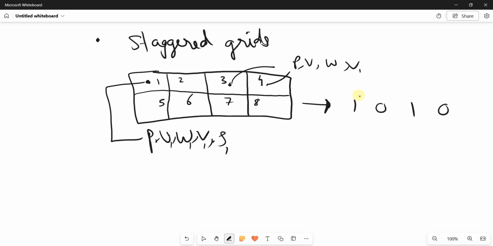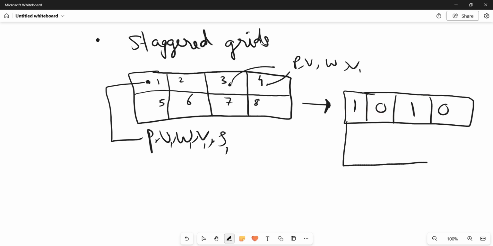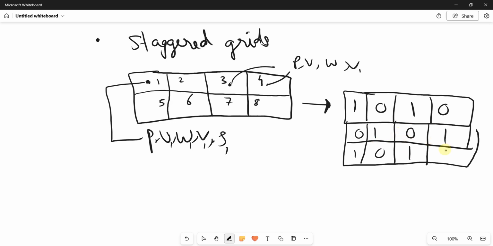So I'll just draw the cells. You have 0 1 1 0 0 1 1 0. So this is a checkerboard type of pressure, just like a chessboard. You have 1 0 1 0 1 0 1 0, this alternate rising and falling of pressure.